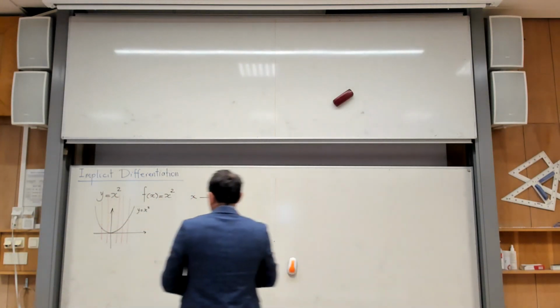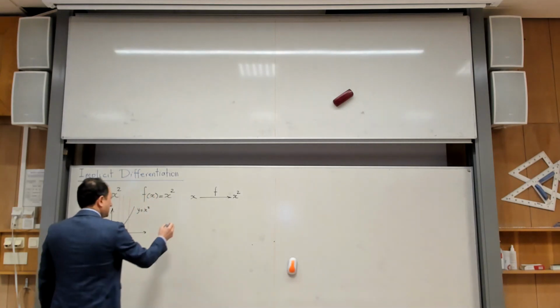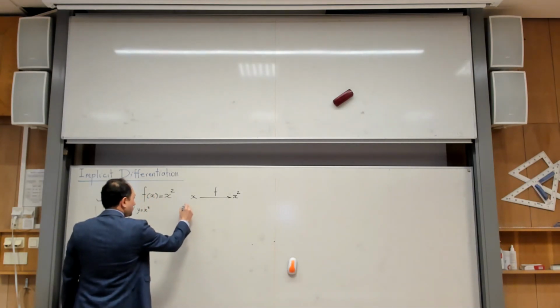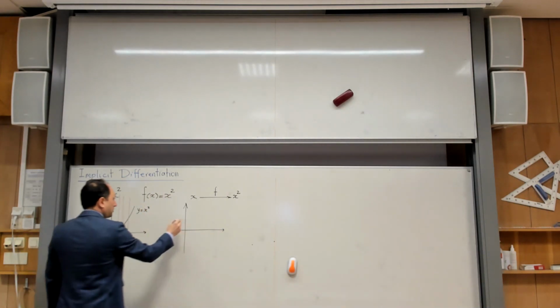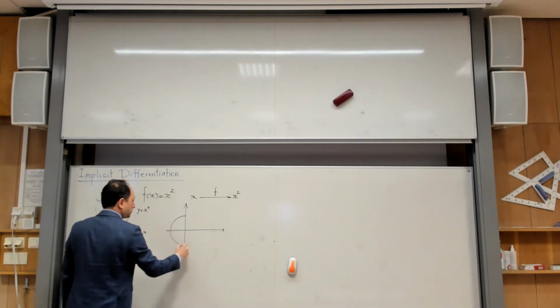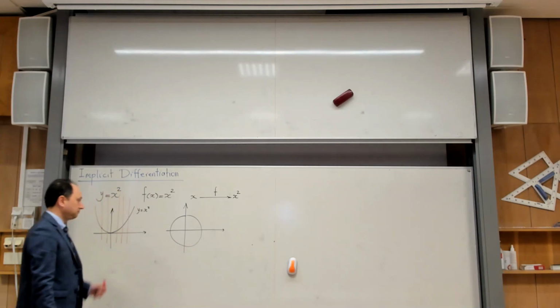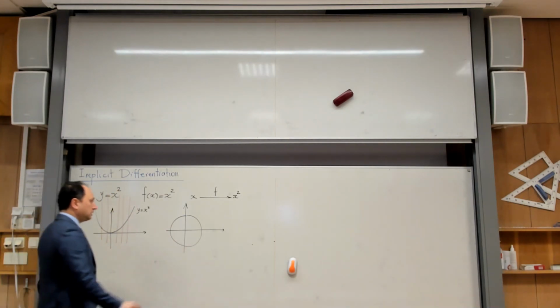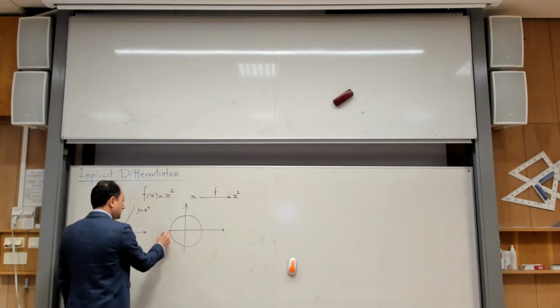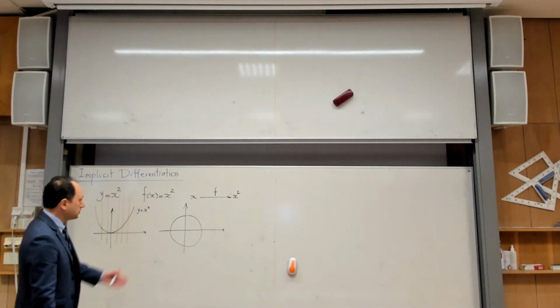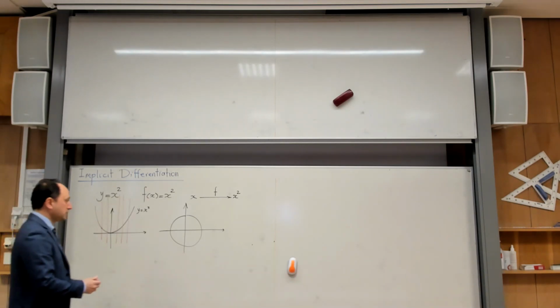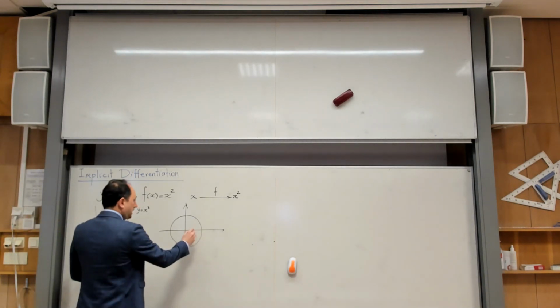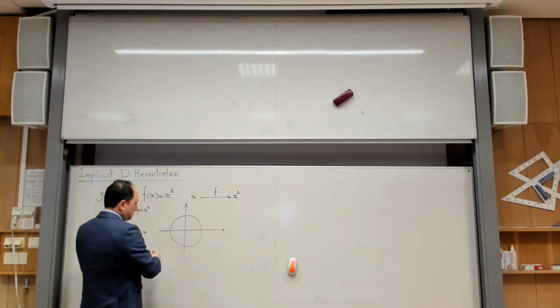Okay, but let us consider another famous curve. It's also a curve, of course. Just the famous one, probably a circle, okay? A circle is also a curve, but this does not represent a function. Yes? Let me make it more explicit.